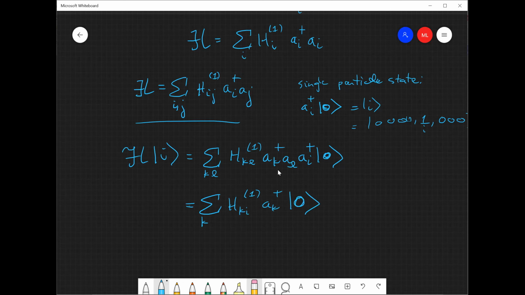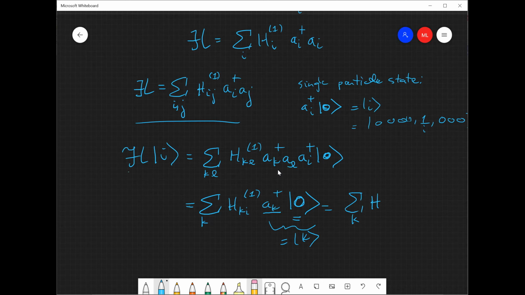And what is this thing? Well, this thing is creating a particle in state K. So this is a single particle state, state K. So what we found is that this operator behaves just as you would expect a single particle operator to behave.